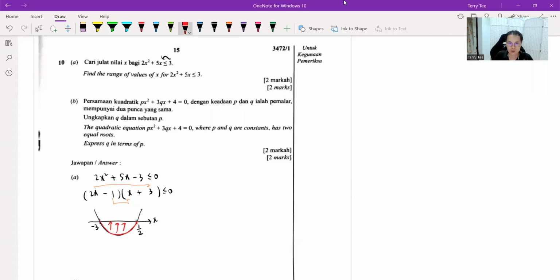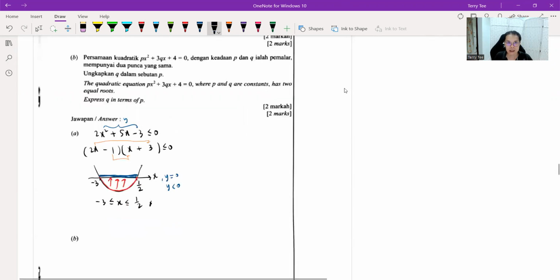Basically, at the x-axis, y is 0, and this whole thing is your y. You want your y to be less than 0, and y is less than 0 when x is anything between -3 and half. So you write -3 less than x less than half. There you go. That's your answer for part A.